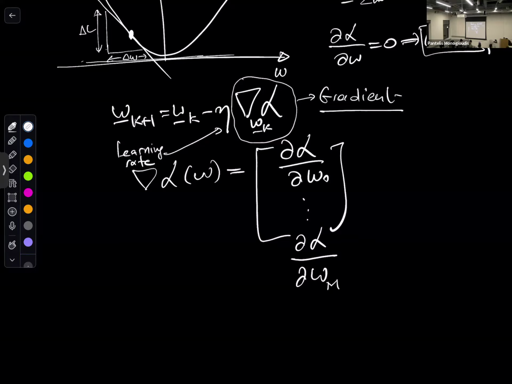That's all. That's all gradient descent. It's a descent because it's descending. It finds minima. Okay, so that's good. So let's see now how it performs.